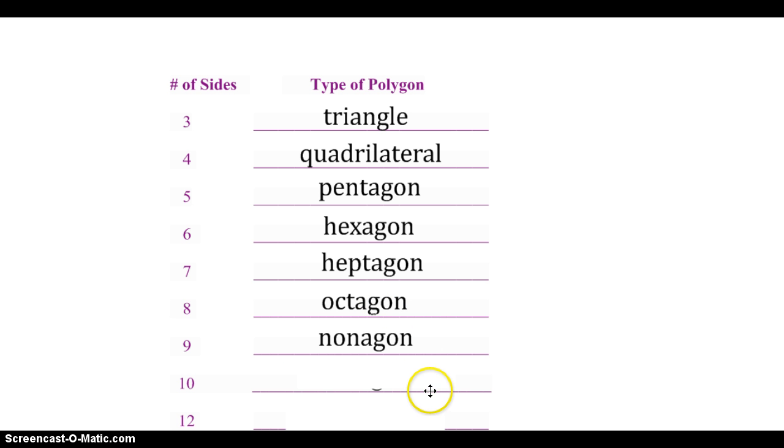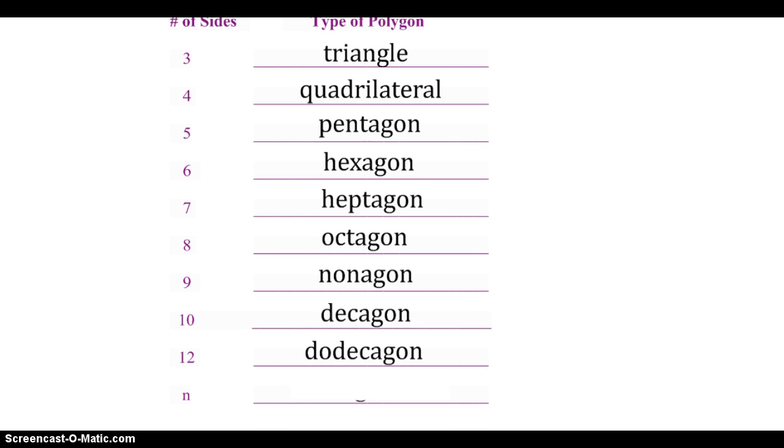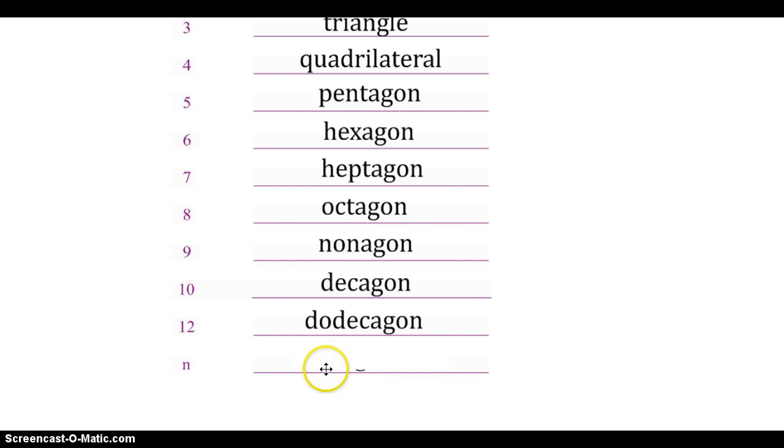9 is a nonagon. 10 is a decagon. I'm not even positive what 11 is. 12 is what we call a dodecagon. 2 on top of 10, so dodecagon. And then, actually on your note sheet I see there is 15.